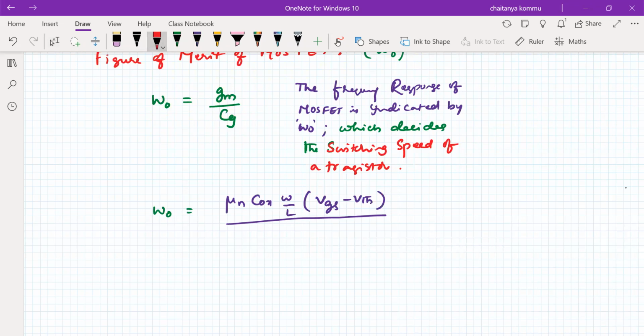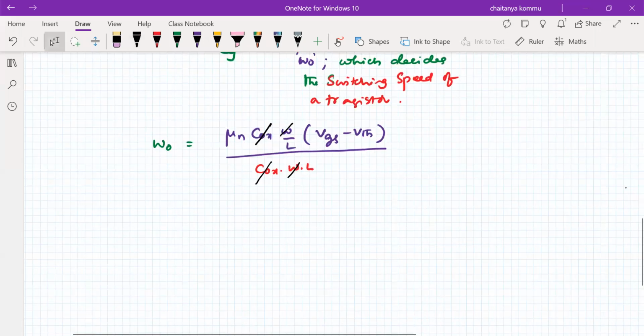What is CG? Cox into W into L, right? That's what we calculated previously: the gate to channel capacitance over the entire area of the gate to channel.